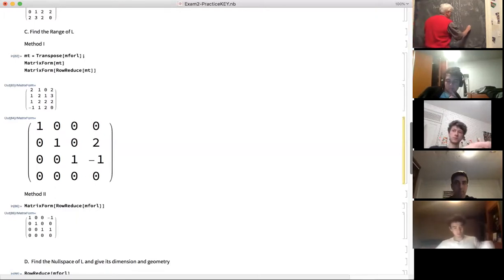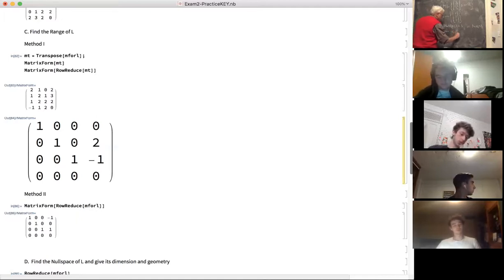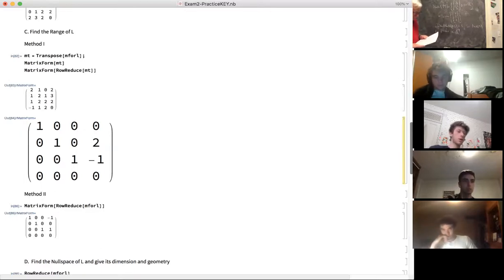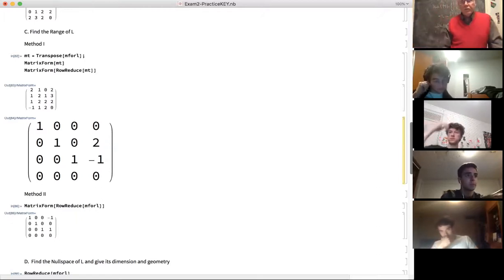So the null space is a line in four-dimensional space. And this is the basis right here. The basis is just a single vector, 1, 0, minus 1, 1. We good with this?